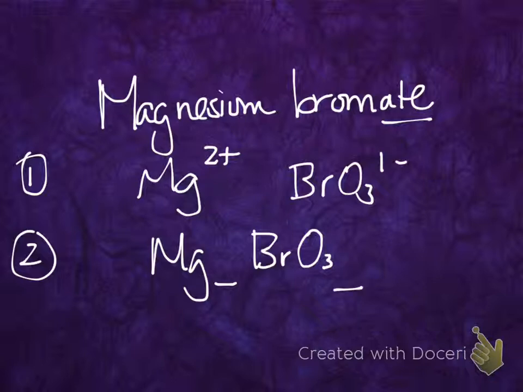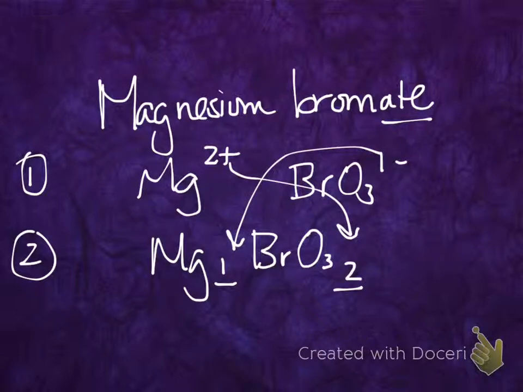When you do your crisscross here, make sure that the space you're leaving for whatever subscript you're going to have on the bromate ion is well clear of this, because you don't want to get mixed up. 1, 2. Now, remember that this is a discrete unit. You have to enclose it in parentheses.